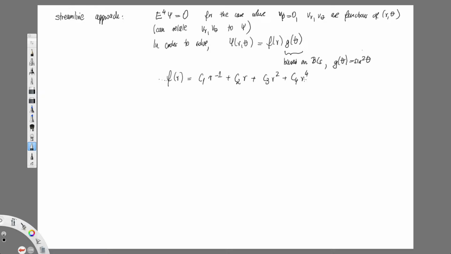By plugging in specific boundary conditions, I will get C1, C2, C3, and C4. In my creeping flow around the sphere they were one thing. Here in the unit cell approach, I had different boundary conditions in terms of a and b, a being the radius of the sphere, b being the radius of my unit cell. So C1, C2, C3, C4 we get from the BCs.